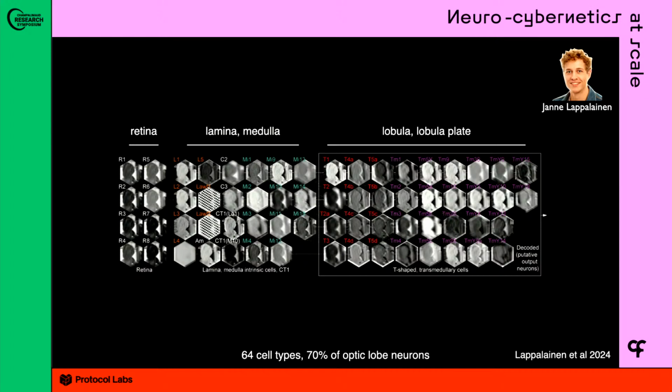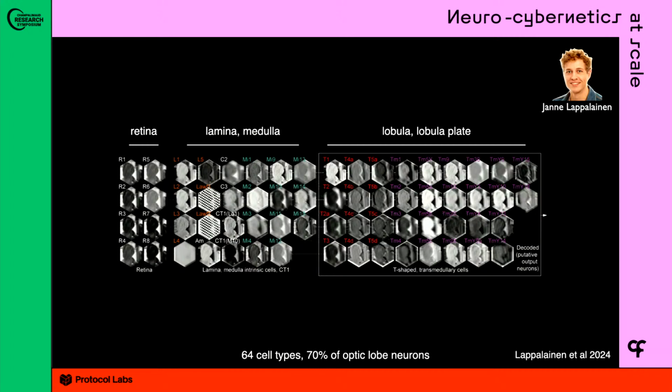You have the retina. Each hexagon here is all the neurons of a particular cell type, and each pixel inside of that hexagon is one of those neurons. Let's say we show a video clip to the retina. Our job is to try to predict the neural activity as it propagates through the network. What would be the gray level, the activity, of any of these neurons? That's what we're trying to do here.